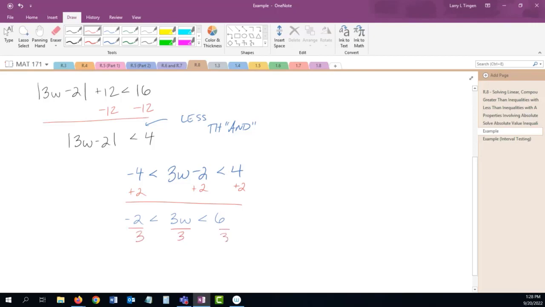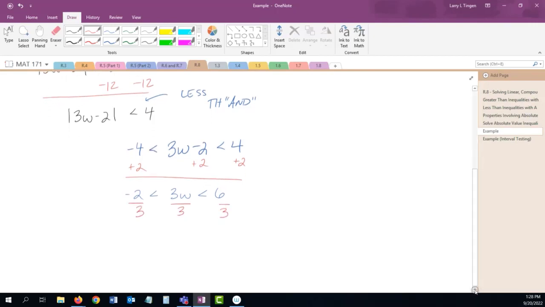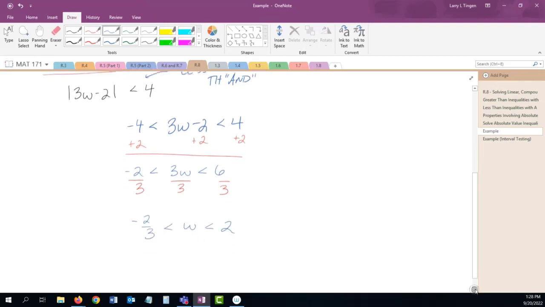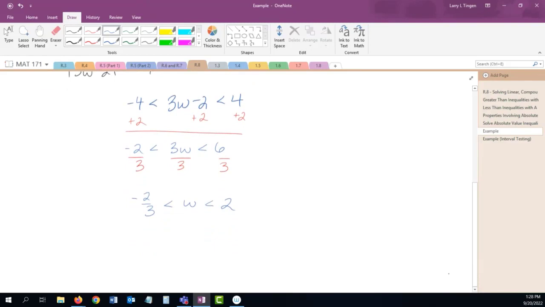It's currently multiplied by 3, which means dividing by 3 will get rid of it. I divided, but I didn't divide by a negative, so my inequalities do not change directions. And here's what I end up with. Negative 2/3 is less than W, which is less than 2.